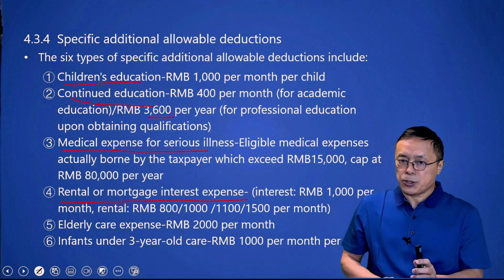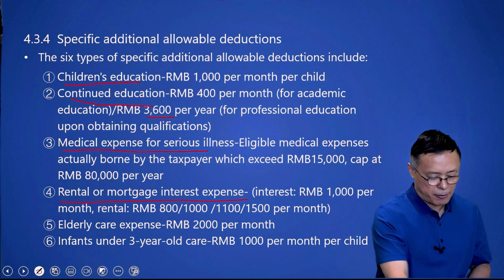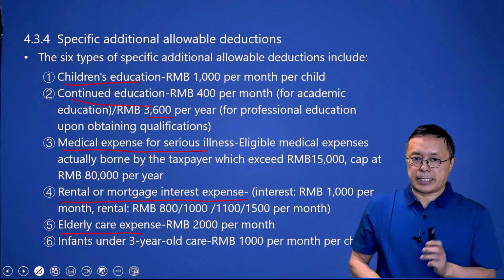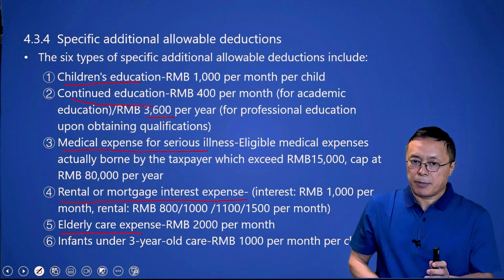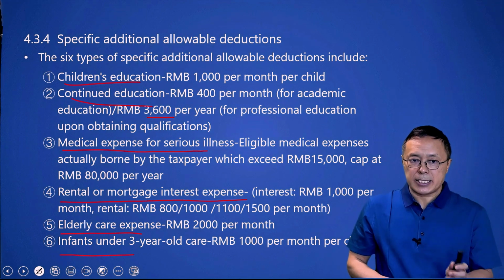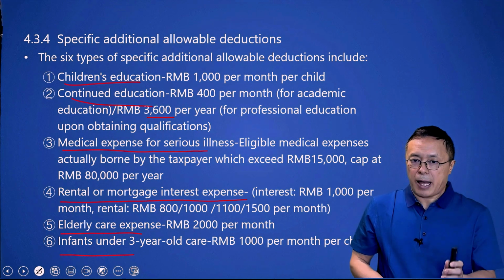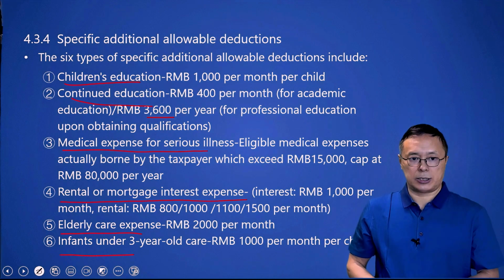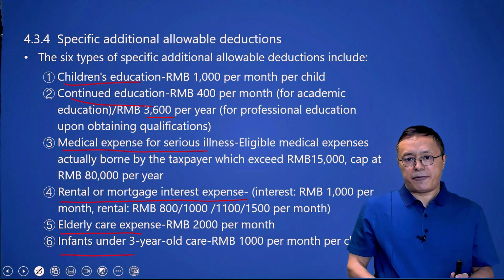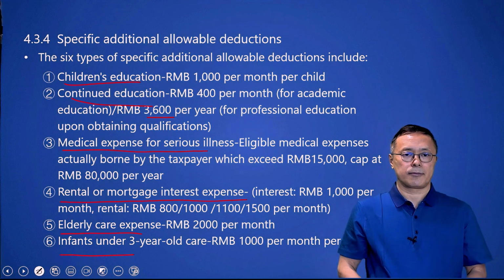We should know that rental and mortgage interest expense should not be duplicated. Number 5, elderly care expense is RMB 2,000 per month. Number 6, infants under 3-year-old care is RMB 1,000 per month per child. Well, the above are the 6 specific additional allowable deductions.